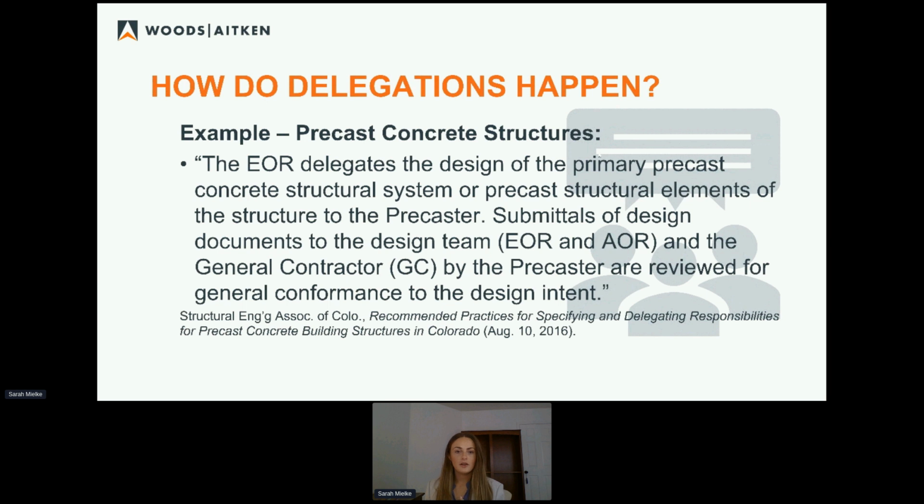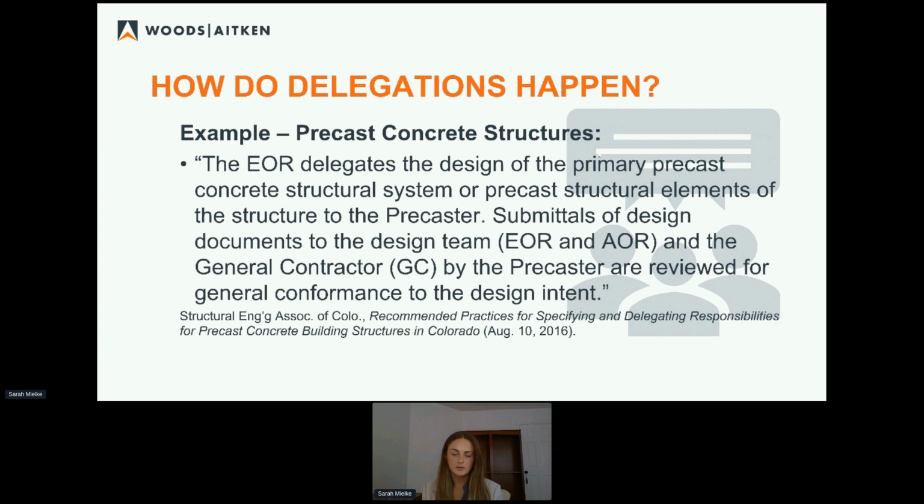So one thing that's helpful to see is this example for precast concrete structures. This just lays out the process. We're not quite into total liability territory yet, but just from an engineer's perspective, you can see how this happens. The engineer delegates the design of the precast structural system or structural elements. So it doesn't have to be the full system.